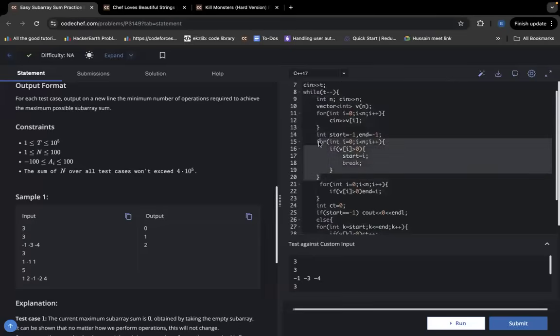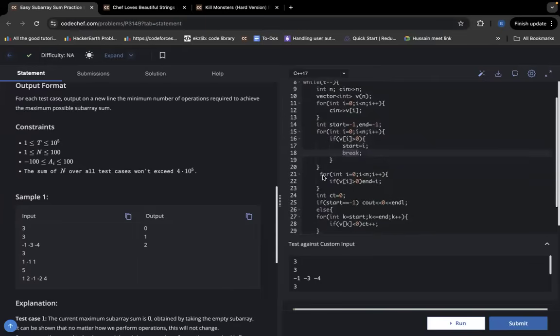Now, you just iterate. You have a for loop. You iterate through all elements. When you find the first positive number, you say start is i, and then you break. After that, you want to also find the last positive number. So you iterate from 0 to n. When you find any number that is greater than 0, you say end is equal to i.